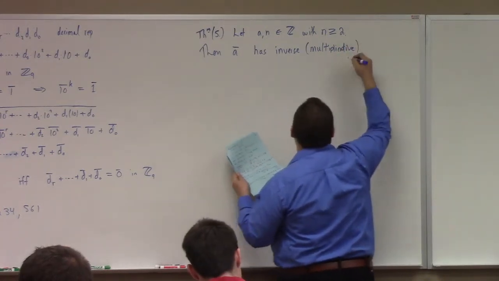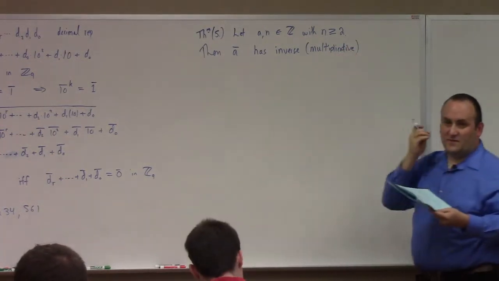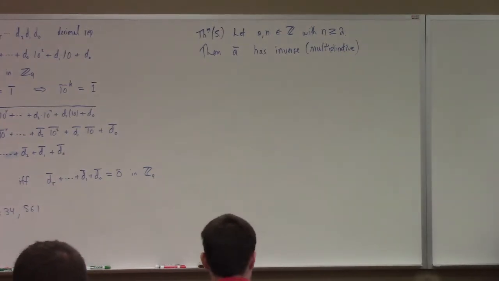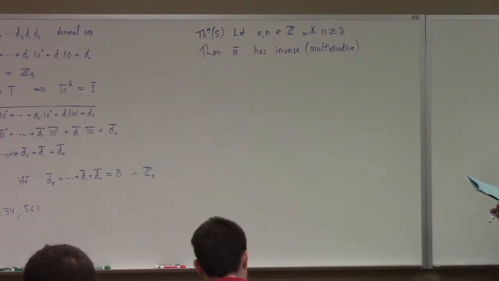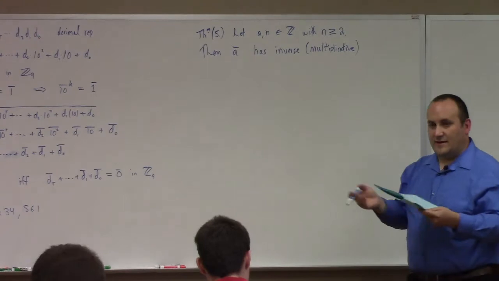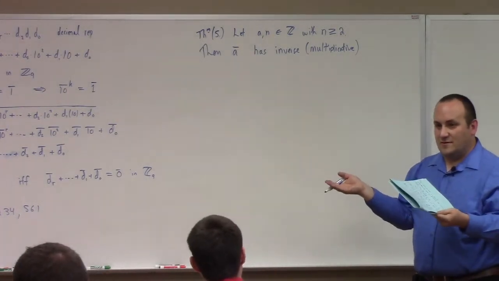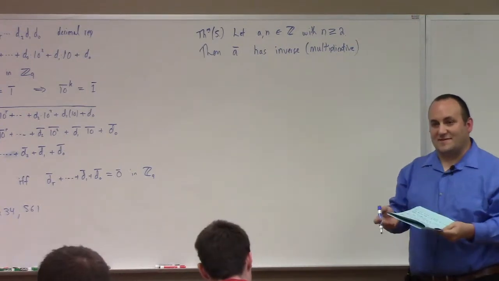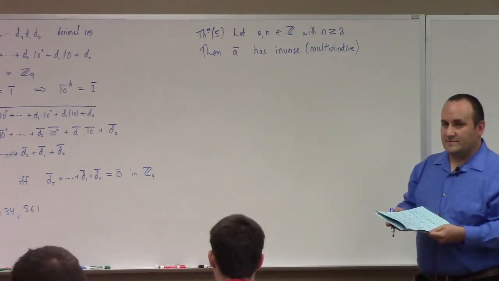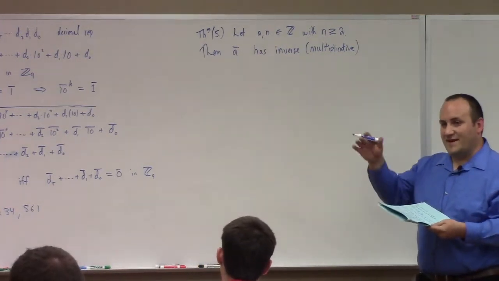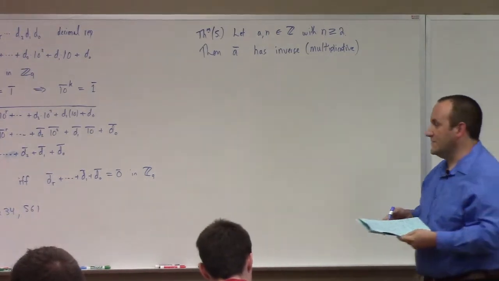Although you might say, well, duh, because everything has an additive inverse, so it'd be boring to state a theorem about additive inverses. Let a bar be in Z_n. It has an additive inverse. What's its additive inverse? Yeah, minus a bar. Yay.